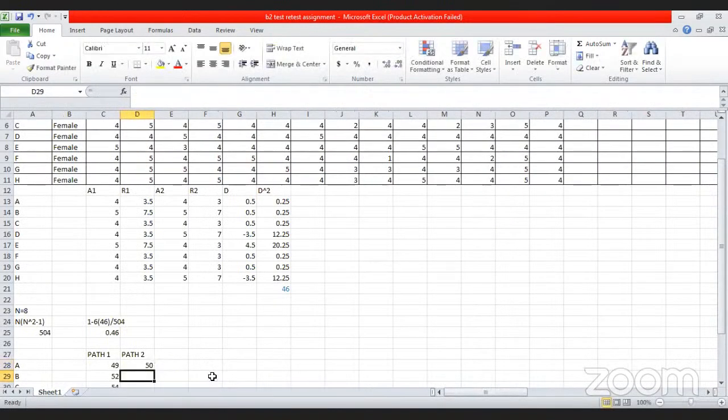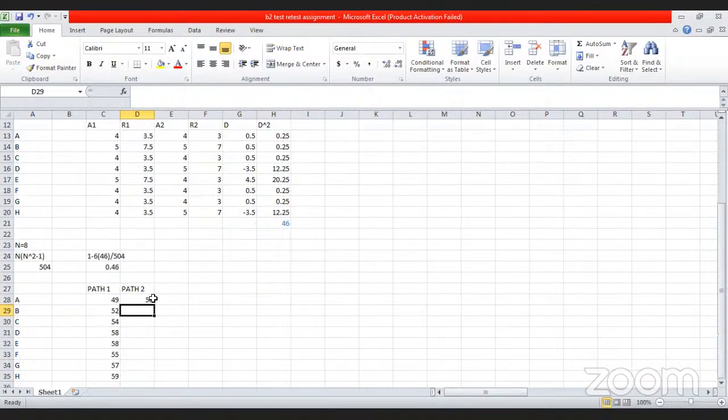Bracket close, enter. So I got the total for Path 2 for the individual A. That means the path oriented values total for the retest. Now I will drag it down so I get all the scores for test and retest. Clear up to that? Yes. Okay.